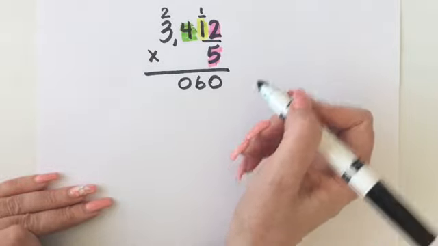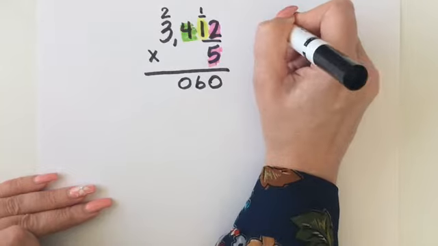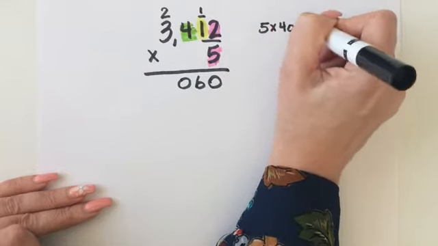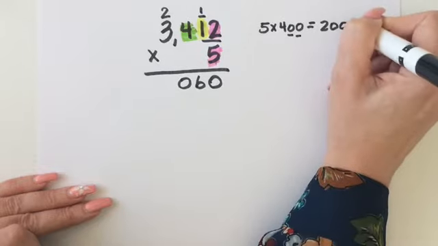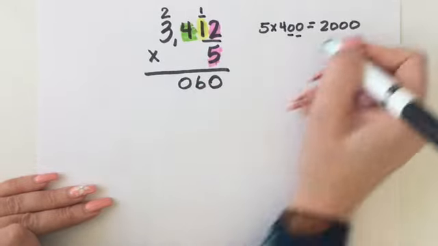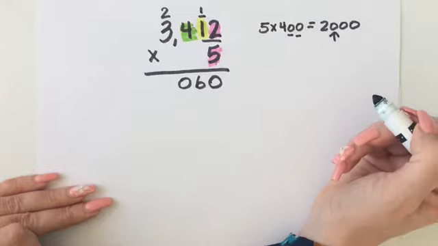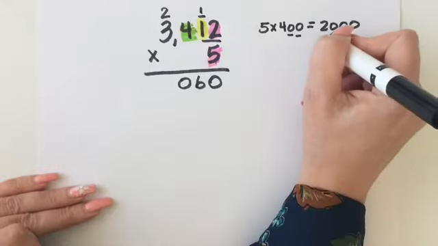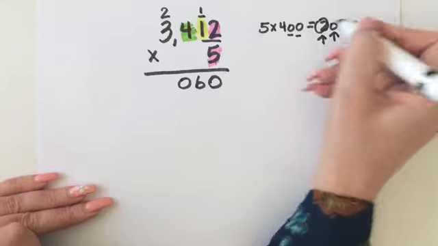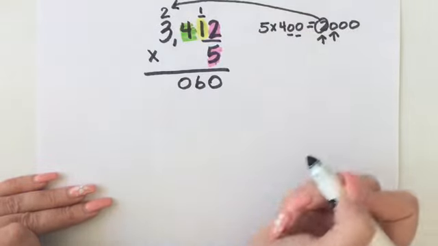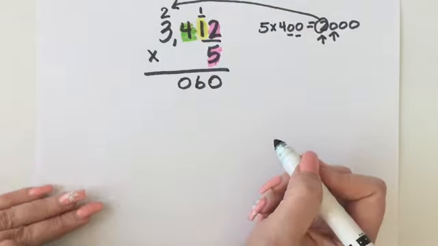And that makes sense because 5 times 400 equals 2,000, 10 times greater. So I would have a 0 in the hundreds place, and I would regroup this 2 to the thousands place.